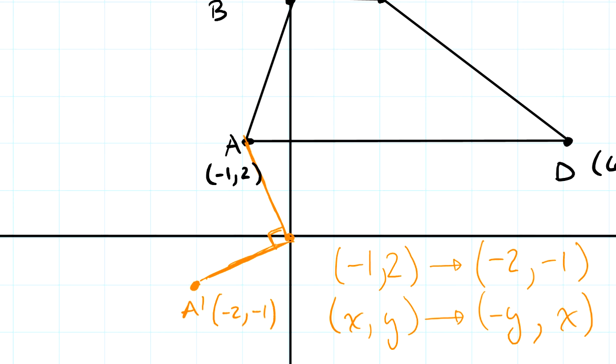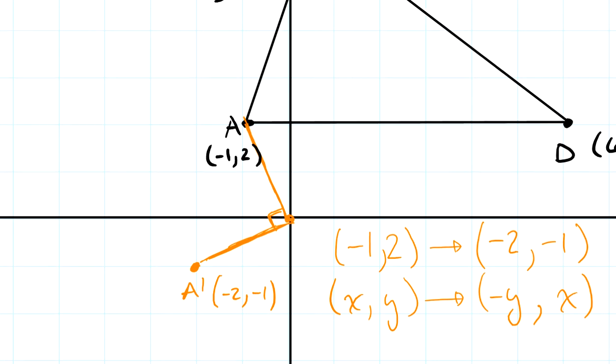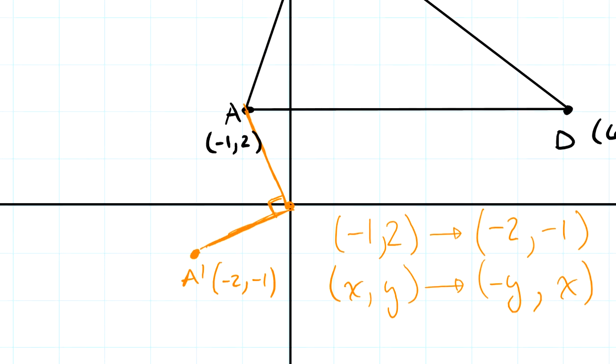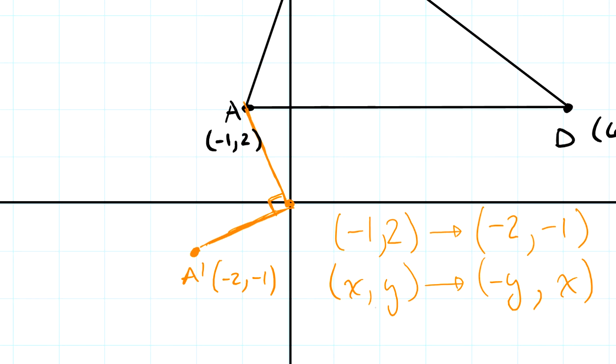So let's try this for point B. B is at 0, 5. Right now y is 5, so x is going to become the opposite of y. So this y that I have is going to become my new x.